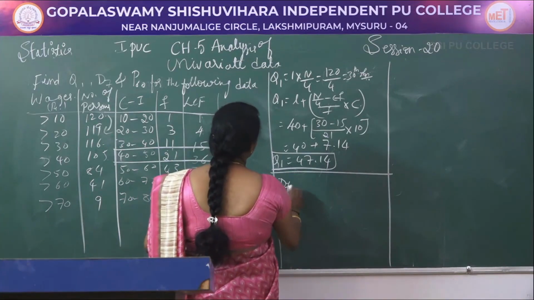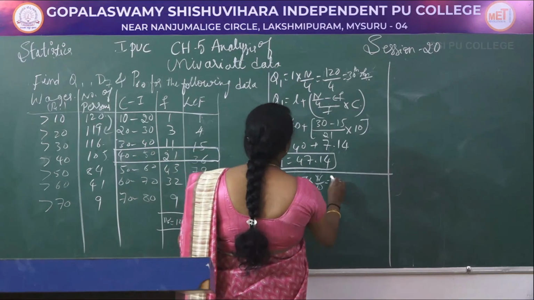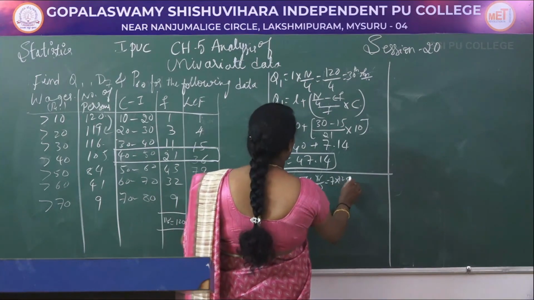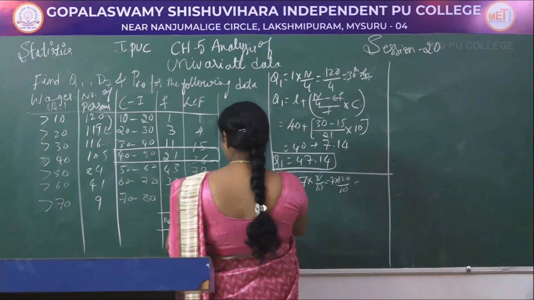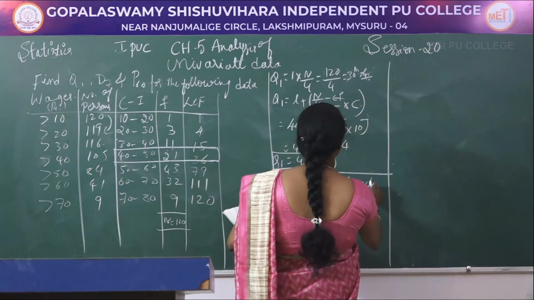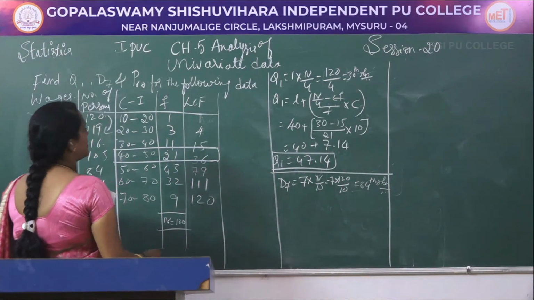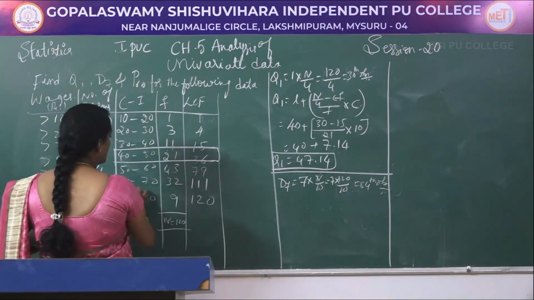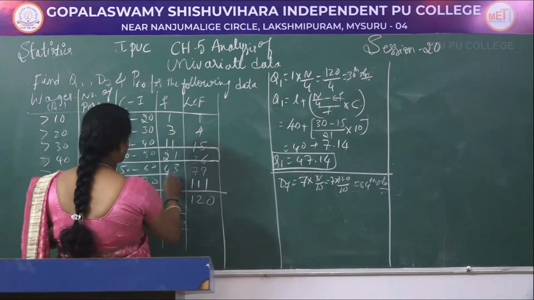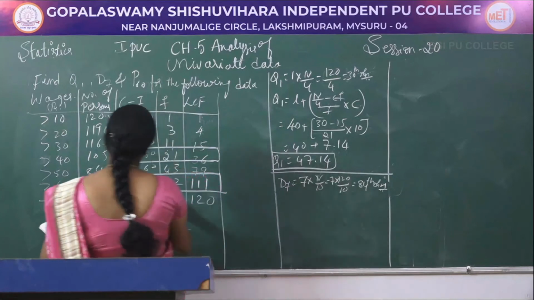Next we have to find D7. D7 is equal to 7 times n by 10. It is 7 into 120 by 10, so the value is the 84th observation. We look for the 84th observation in the LCF, that is 111, so 84 comes in this interval.